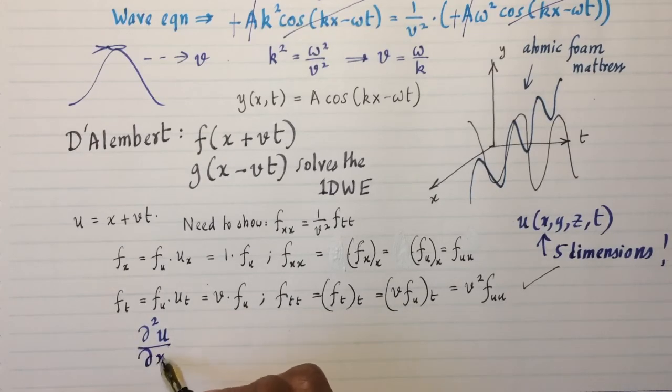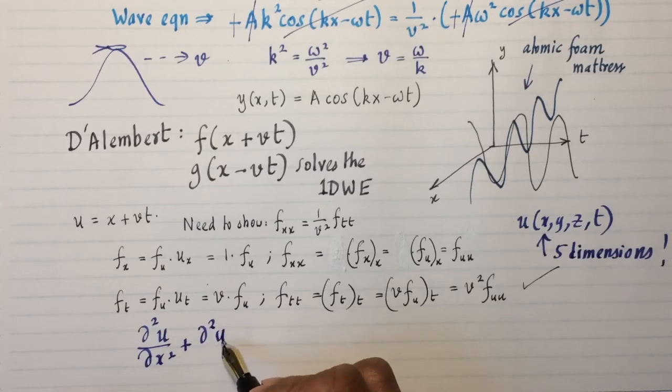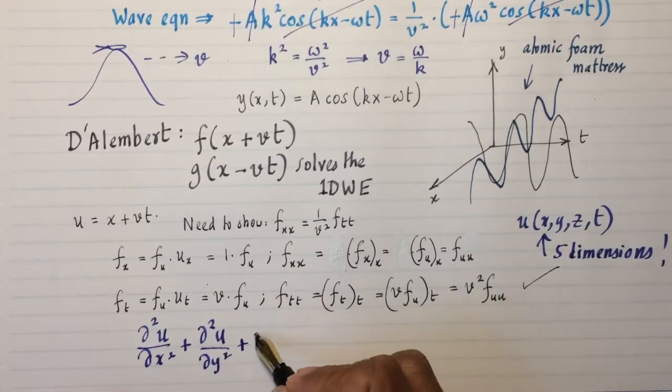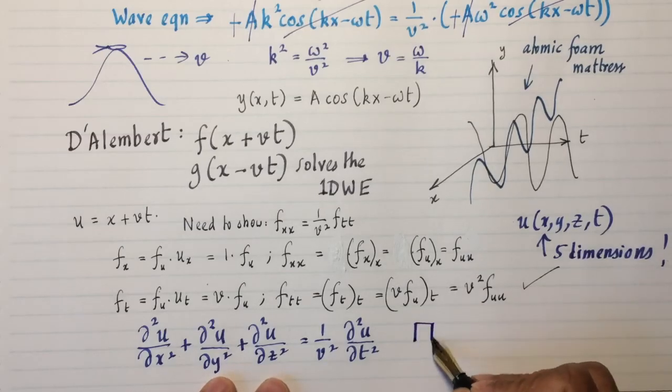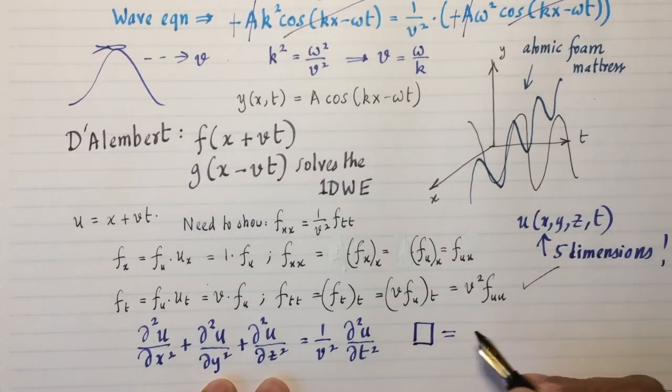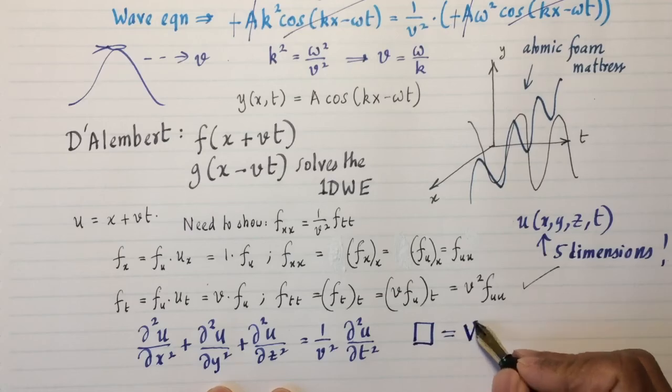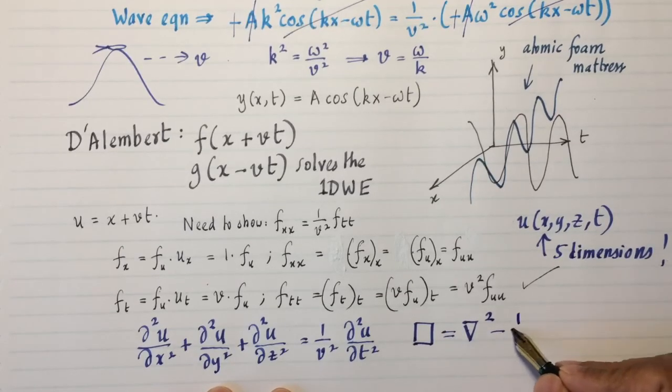So del squared u over del x squared plus del squared u by del y squared plus del squared u by del z squared is equal to 1 over v squared del squared u by del t squared. Understandably, people got sick of writing this all the time, so they decided to honor D'Alembert, and they called this the D'Alembertian box operator. The D'Alembertian box is the Laplacian, not Laplacian squared.